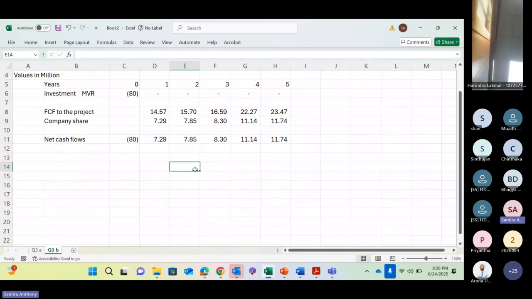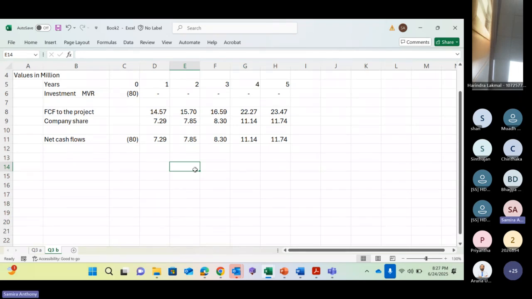Yes, sir. It's like a dividend here, no, sir? Remittance. Exactly. You have sent 80 million Maldivian and you get 7, 7, 8, 11 in the next 5 years. From where have you sent this 80 million? From your balance sheet. Am I correct? Yes, sir.